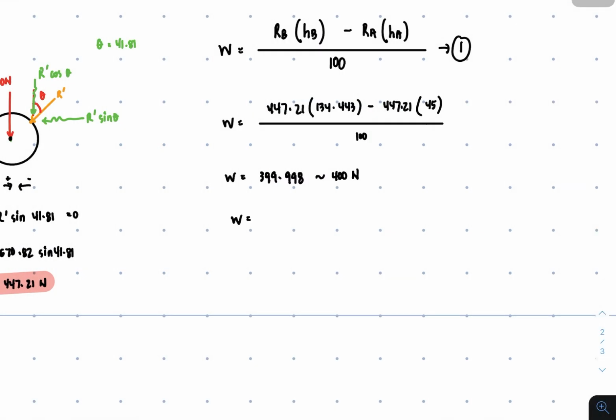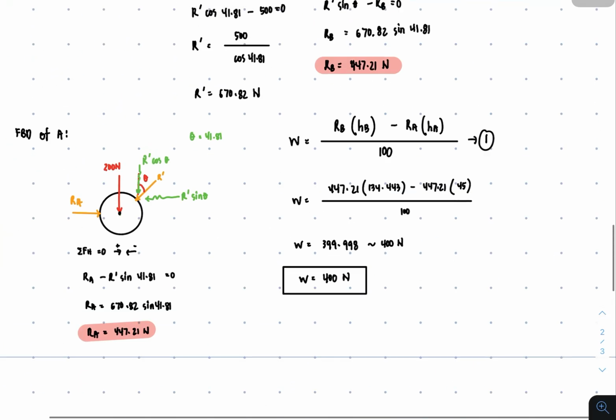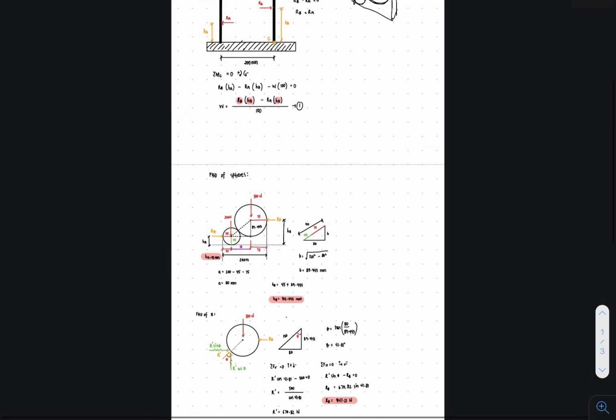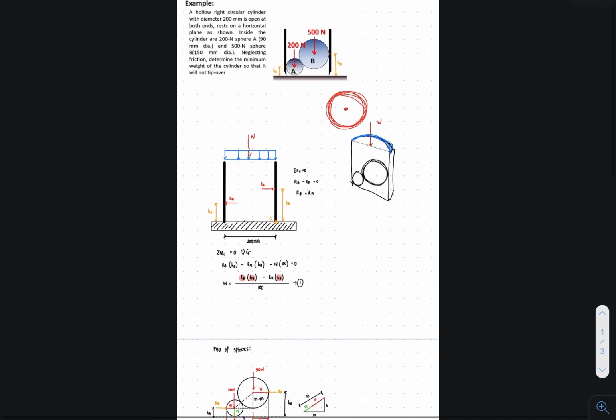So W is 400 newtons. This is the minimum weight that the cylinder should have in order not to tip over the cylinder. So this is example.